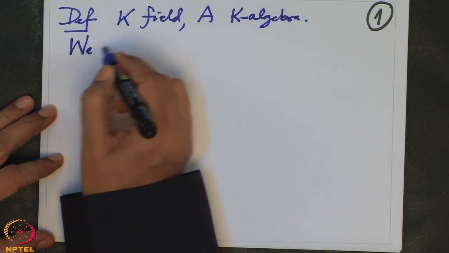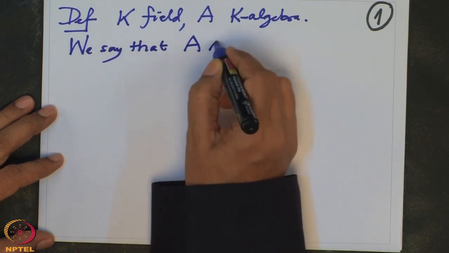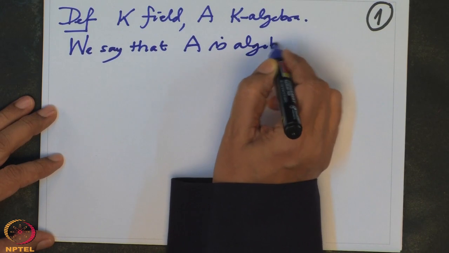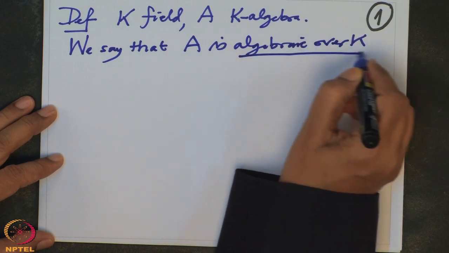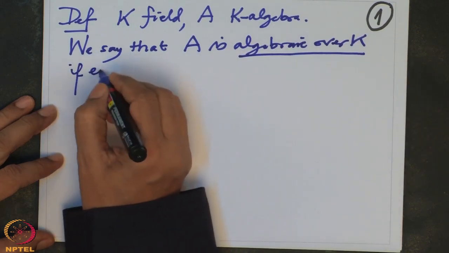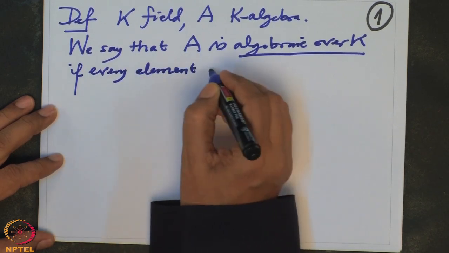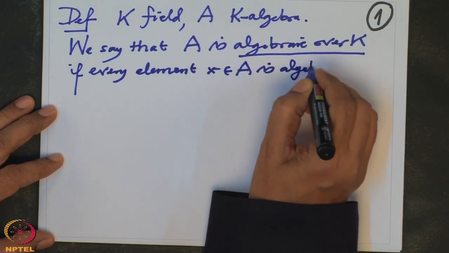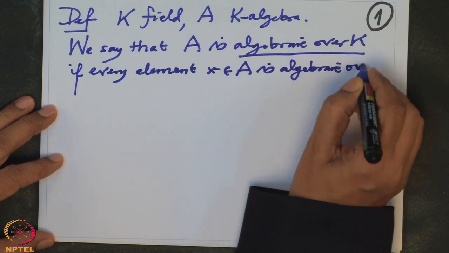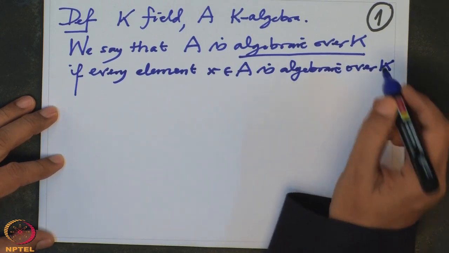We say that A is algebraic over K if every element x in A is algebraic over K. That means it satisfies a non-zero polynomial with coefficients in K. Then such an extension is called an algebraic extension.